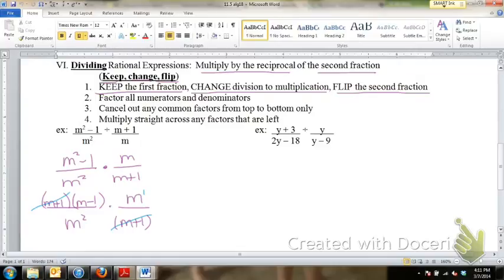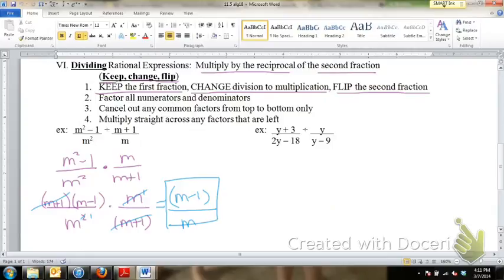So remember, when you simplify variables like this, you subtract the powers. So 1 minus 2 is going to leave me with a 1 m left in the bottom. So what's left in the top? M minus 1, and in the bottom, just an m. And again, you cannot simplify those two m's because the top one is connected to that negative 1. Don't try to break it up, keep it in parentheses.